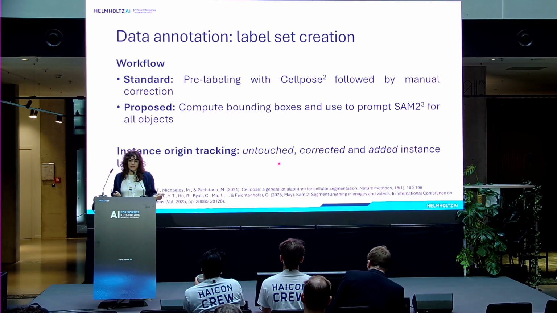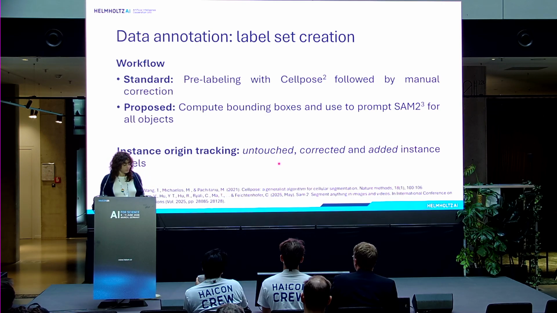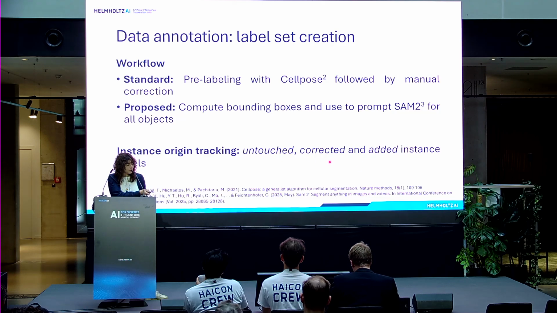This basically means that all objects in our data can come from 3 different sources: either untouched, which means that they are direct outputs of the pre-labeling Cellpose model and were not edited by the user; corrected, which means that they were outputs of the Cellpose model which the human annotator then corrected; and added, which means that the model did not detect this object, but the user added it themselves later on.